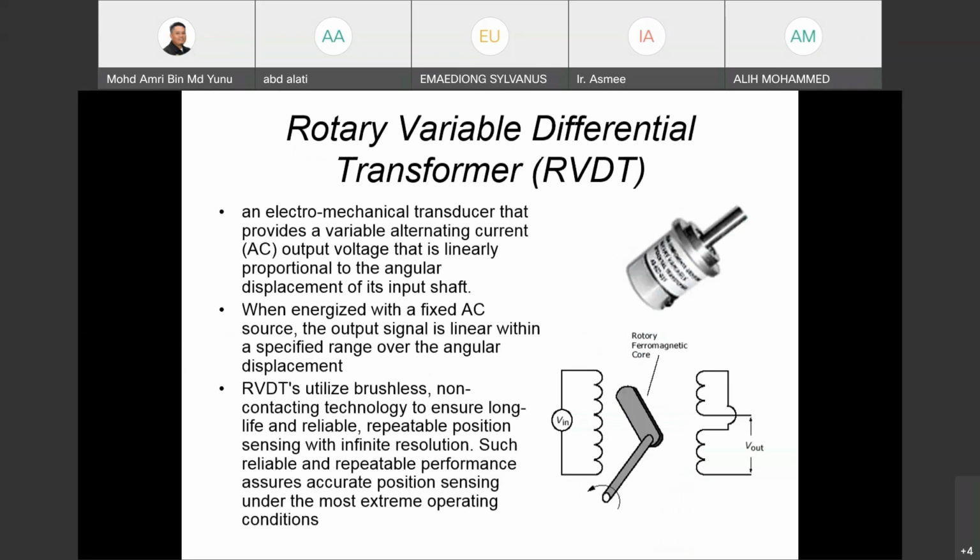And we have other encoders, like the rotary variable differential transformer. This is based on the change of magnetic flux due to the movement of the rotary ferromagnetic core. So basically the output is linearly proportional to the angular displacement. Okay. And it works on an AC level.